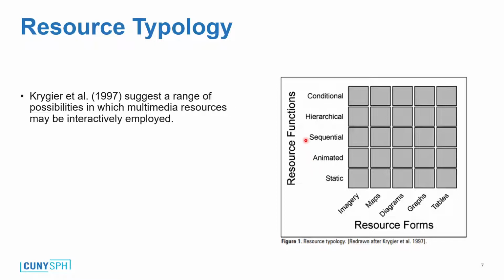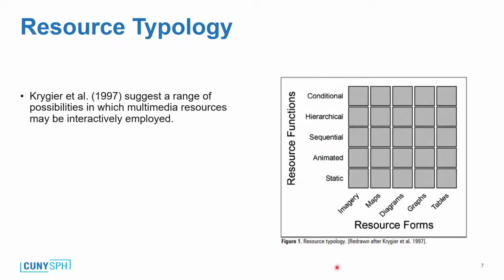We can have sequentially represented images, maps, diagrams, graphs, and tables, or we can have hierarchies on them, and the hierarchies are basically based on some filters or some data. We can create a drill-down or a specific look into that, or we can have conditional functions where we present some of the data depending on some constraints that we are proposing in there.